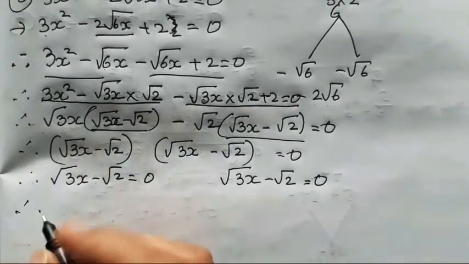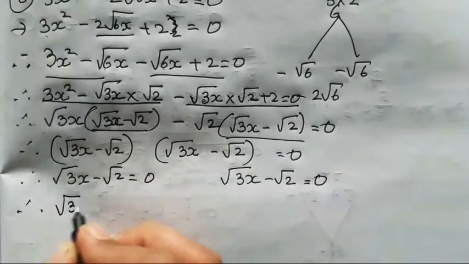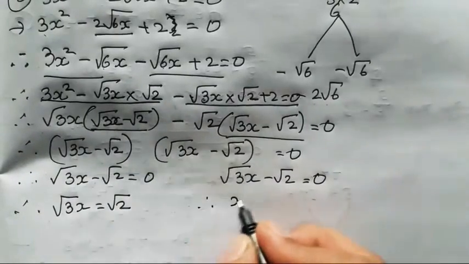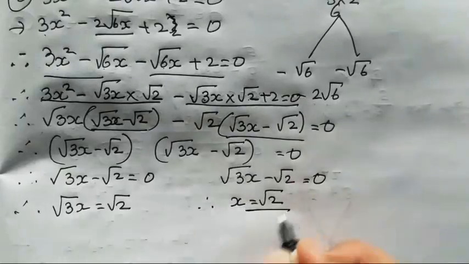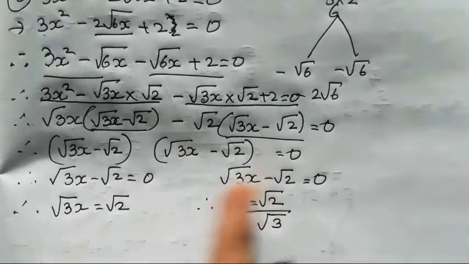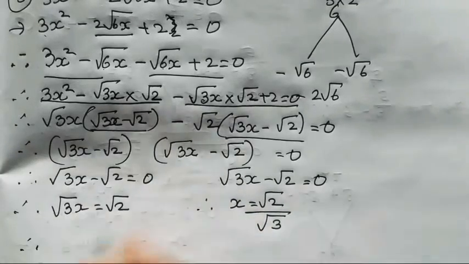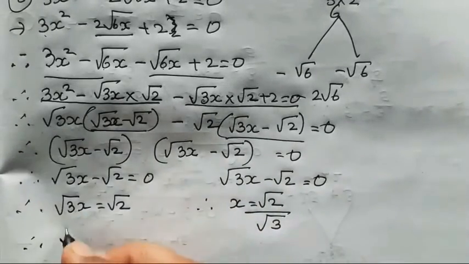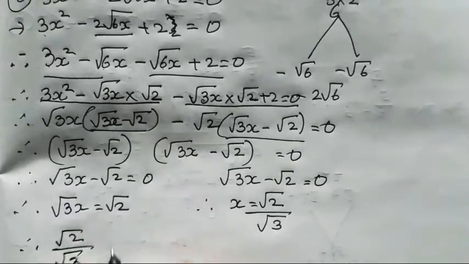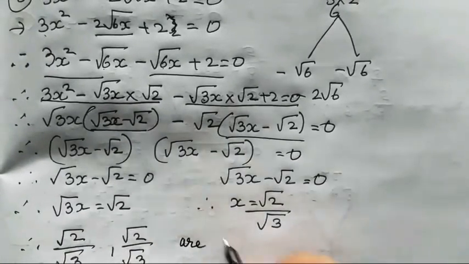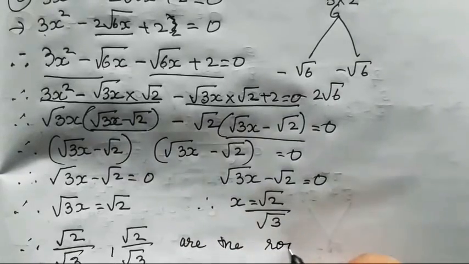So therefore root 3x is equal to root 2. Therefore x is equal to root 2 upon root 3. You will see both the equations are same. So only once if you find, the answer is going to be same for both. So root 2 upon root 3 and root 2 upon root 3 are the roots.